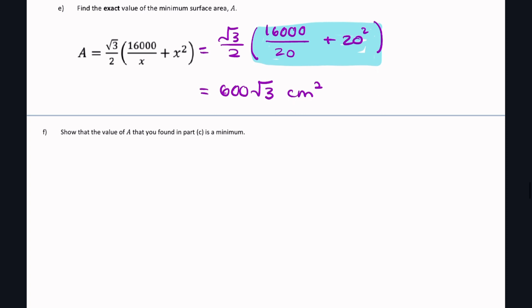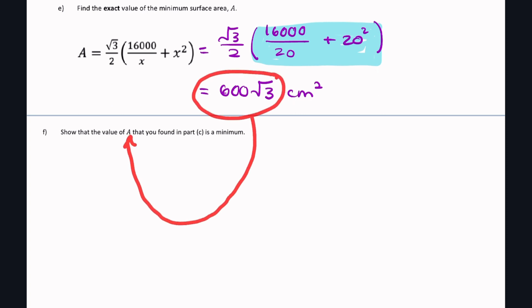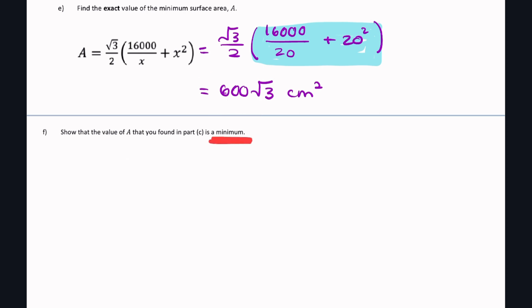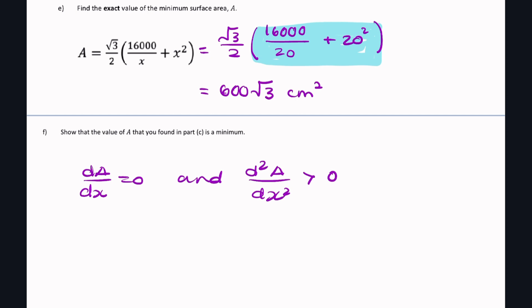The question goes on to say, show that this value you found is a minimum as opposed to a maximum. So remember, to show that something is a minimum, you need to show two things, that dA by dx equals 0, and the second derivative of x is positive.